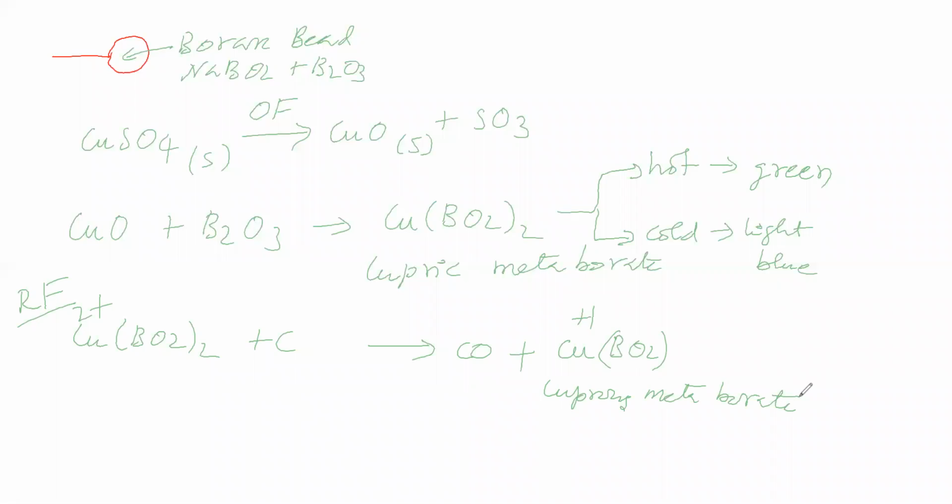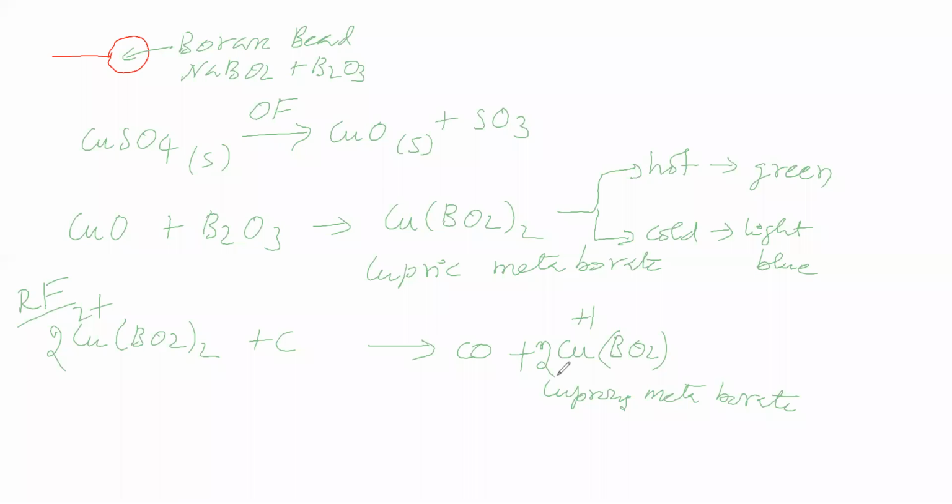Now the carbon oxidation number is 0, and here it is plus 2. 0 converting into plus 2 means a loss of 2 electrons. Here plus 2 converting into plus 1 means a gain of 1 electron. Therefore we will make this 2 times in order to make loss and gain equal.